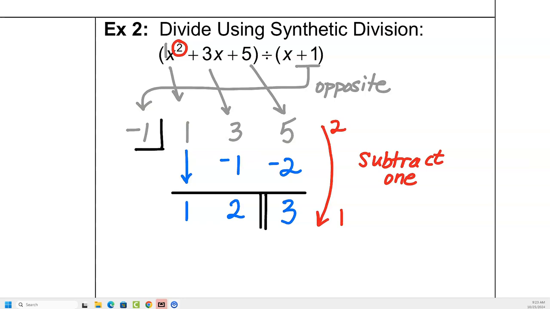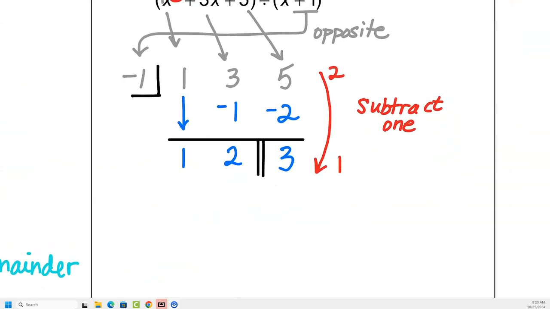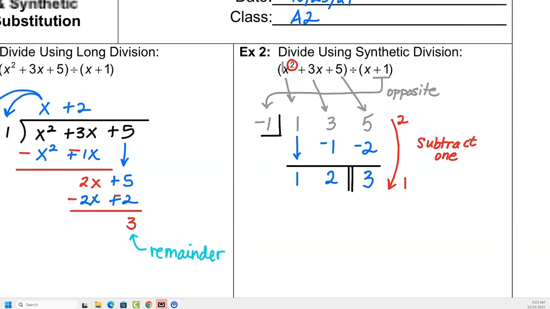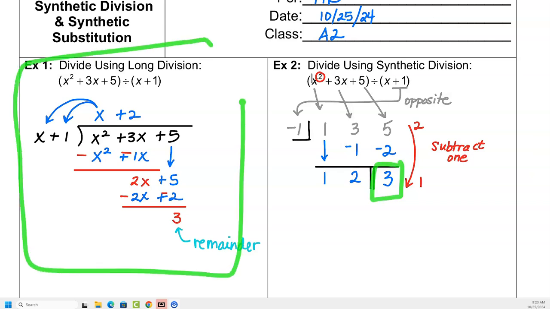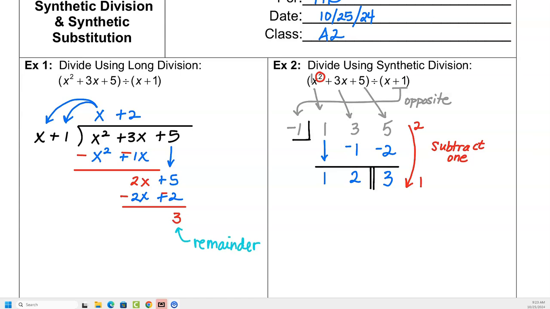So one thing that you probably notice right away: what's the 3 when you compare it with this example over here? It's the remainder. Good. And so those double yellow lines will help point out that whatever number goes in that location is the remainder.